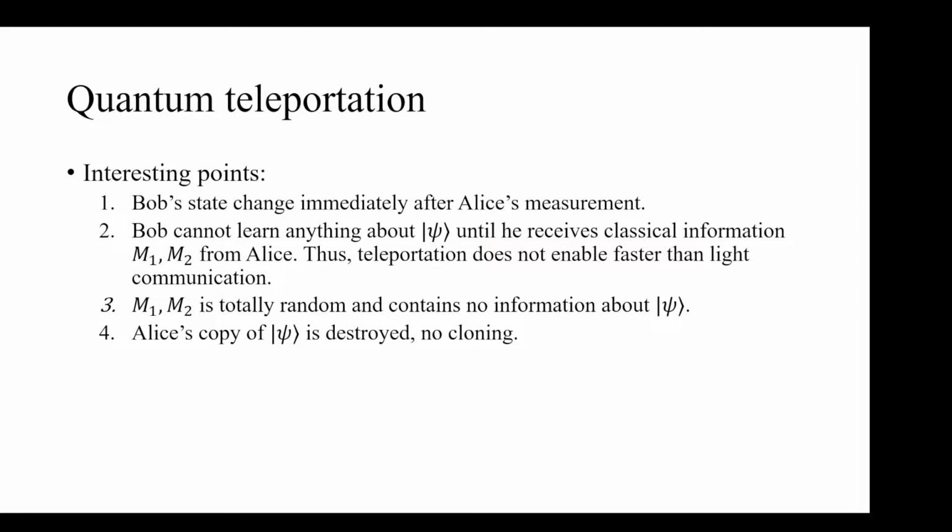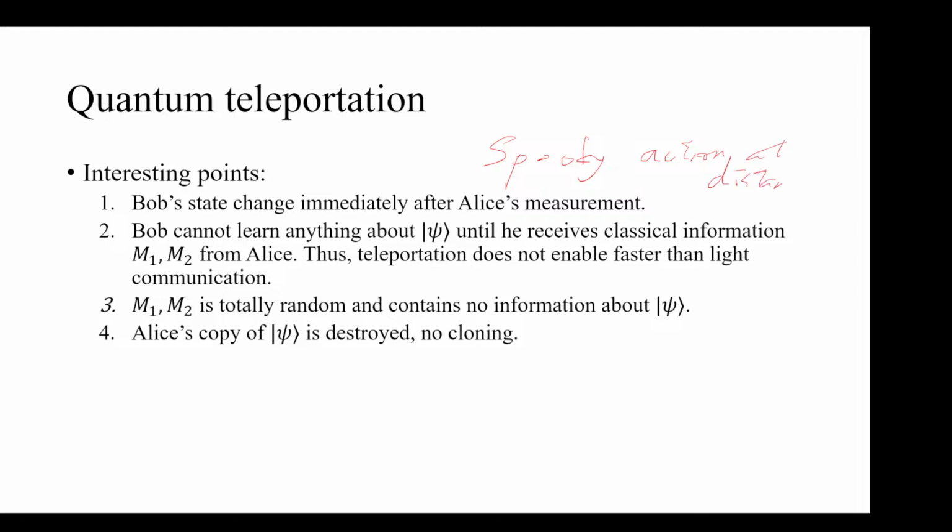This is what Einstein famously found very weird about quantum mechanics. That is, you find out that when Alice and Bob's states are entangled, Bob's state changes immediately after Alice's measurement. This is called, I think a phrase coined by Einstein, spooky action at a distance.